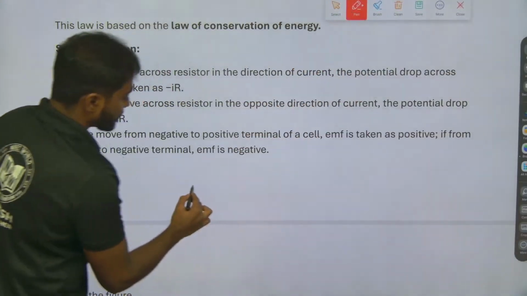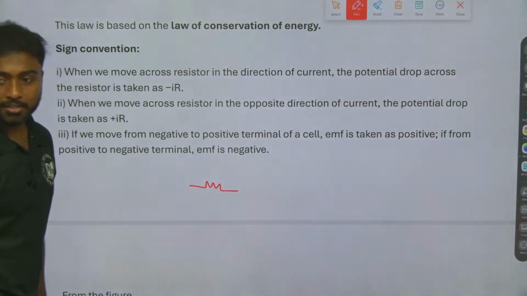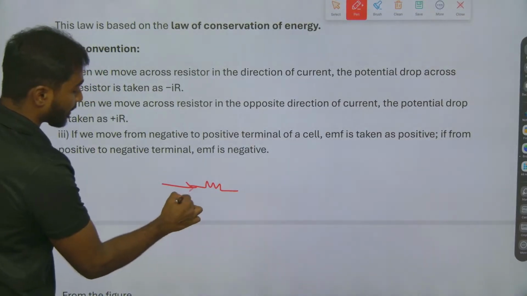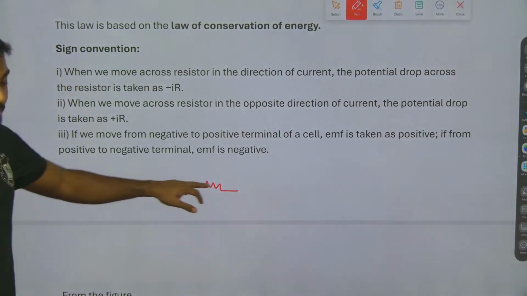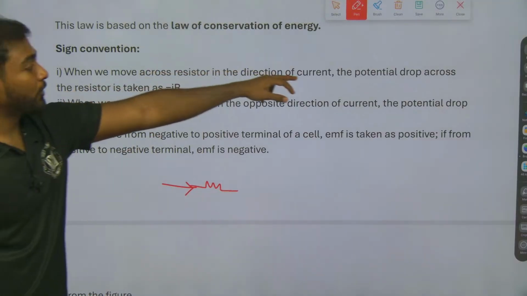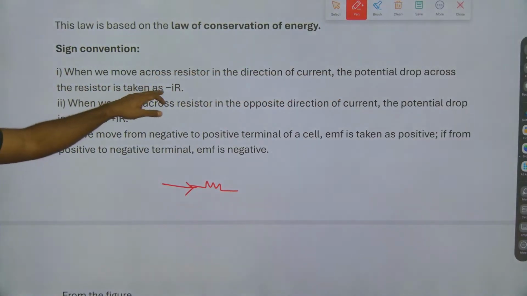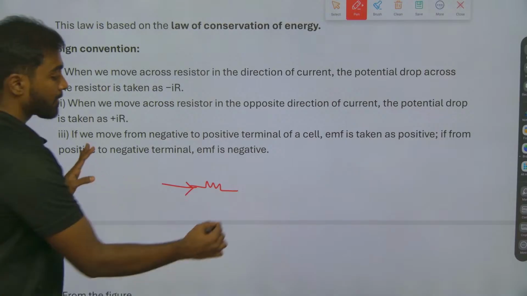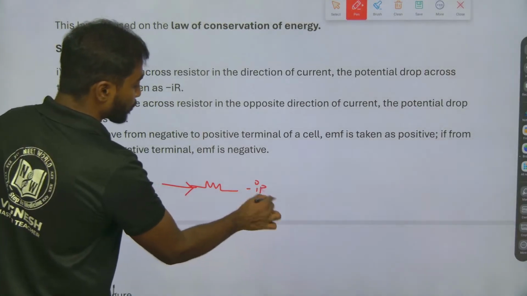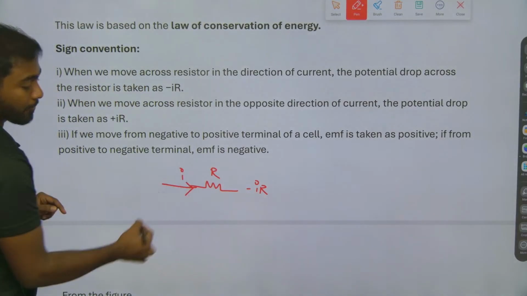Suppose this is my resistor. So this is the current flowing direction and I am going in this direction, which means the potential drop across the resistor is taken as minus IR. So this is minus IR we should take, this is R and this is I.